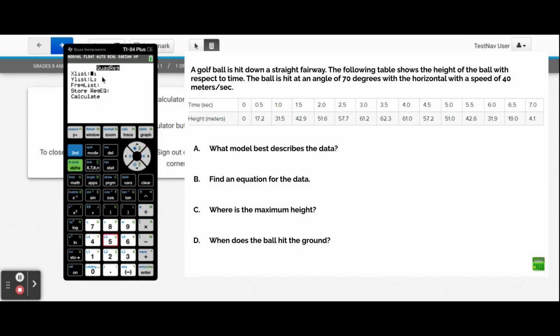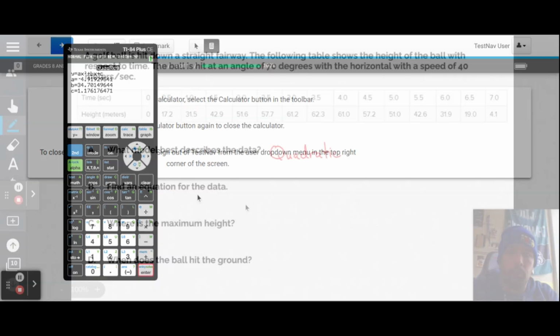Now what I'm going to do, because this will help me out for C and D, is under Store Regression Equation, I'm going to hit vars, go to Y vars, go to function, and hit enter. And what this is going to do is store my equation into Y equals so I don't have to type out the abomination that's about to show up on my screen. And there it is. Okay, so I'm going to take this information, write it out.